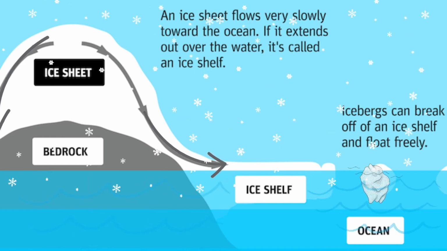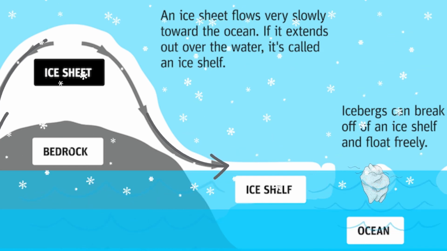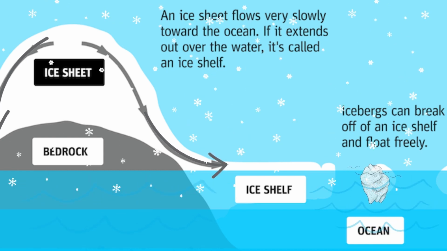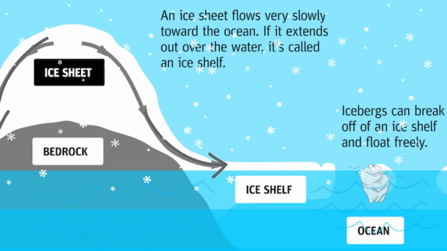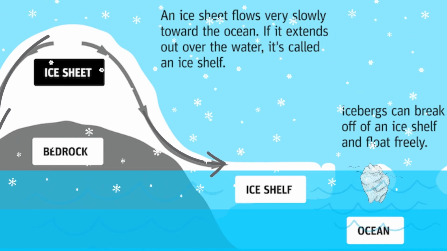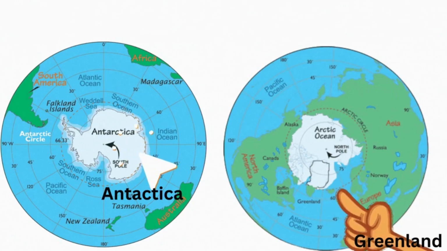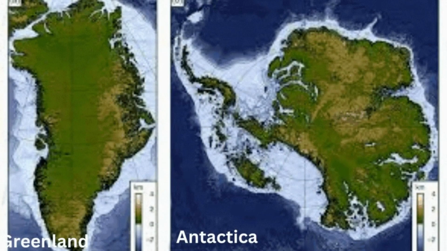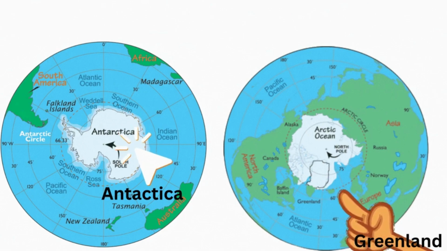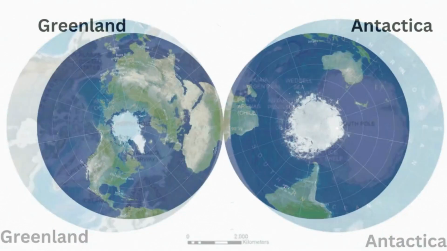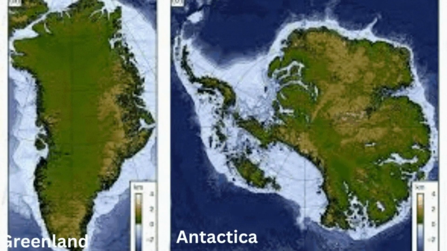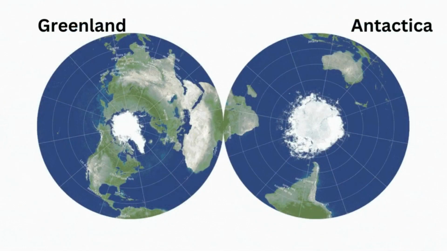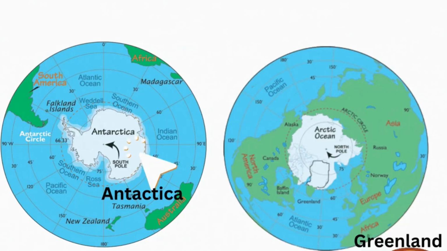As long as an ice sheet accumulates the same mass of snow as it loses to the sea, it will remain in a state of balance. Ice sheets are mainly found in Antarctica and Greenland.